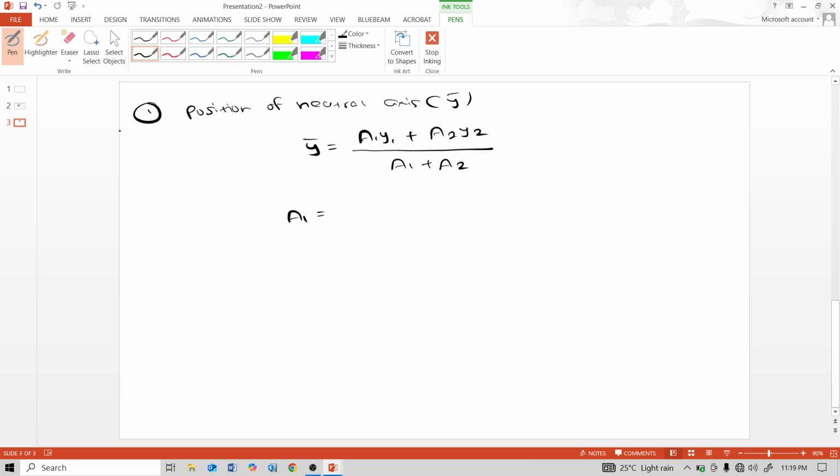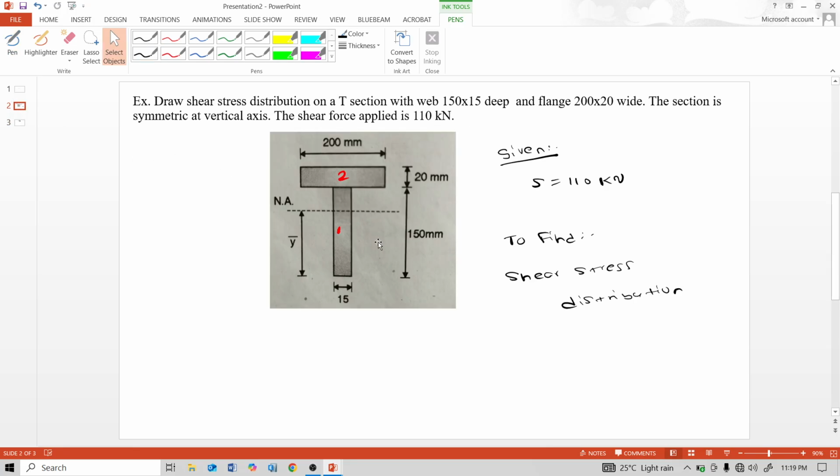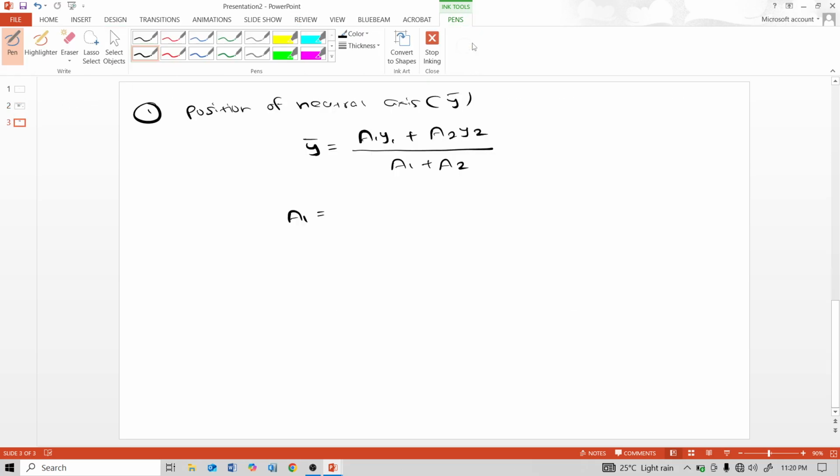A1 is the area of the web portion, 150 multiplied by 15 mm, that is 2250 mm square.